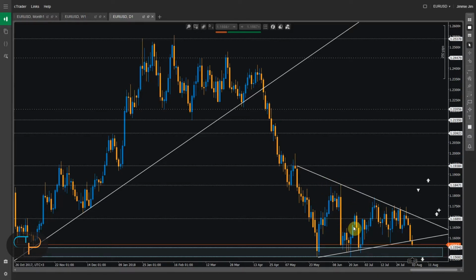A symmetrical triangle is a continuation pattern, and I'm expecting it to continue what was before it, and this means that a downwards move should be expected.